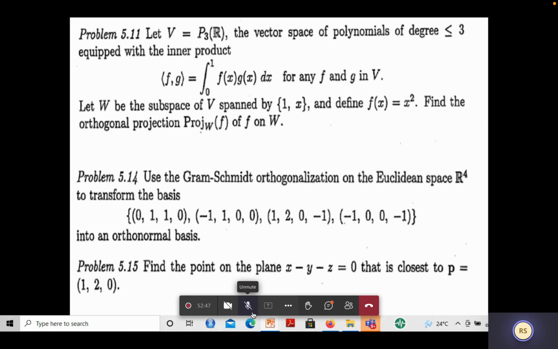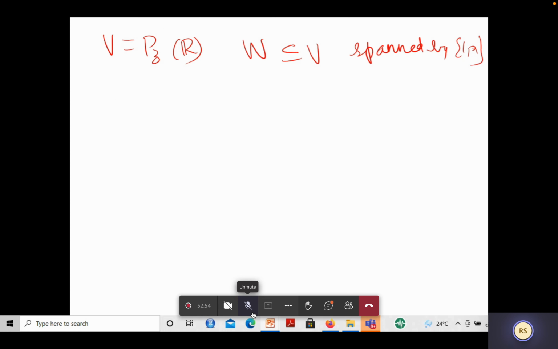Whatever inner product you define on V, the same inner product you have to take for the subspace also. So the inner product of f, g is the integral from 0 to 1 of f g dx for all f, g in V.